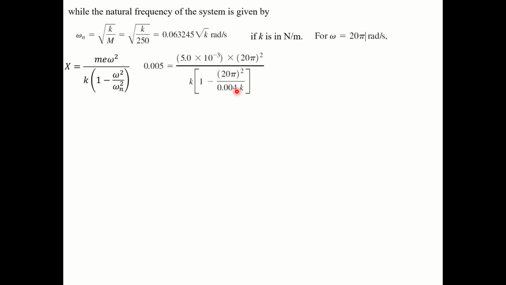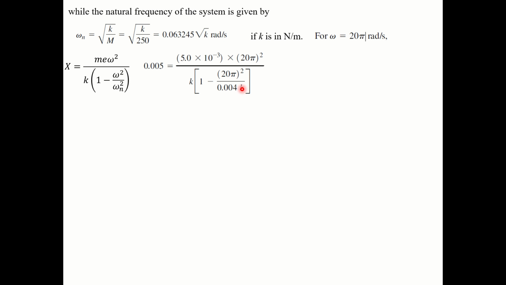How did it come? From the omega n value, if you square it, you will get some 0.999 something, so 0.04 you have taken k. Now you simplify for k, everything is there.